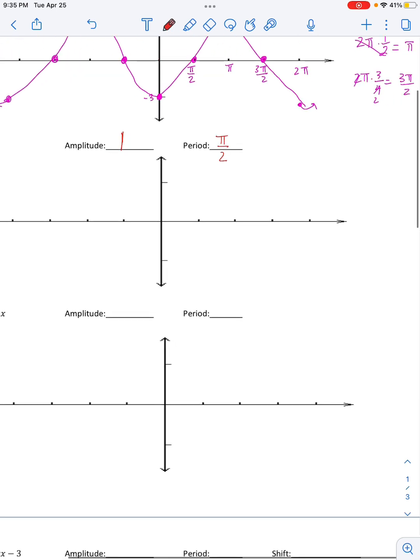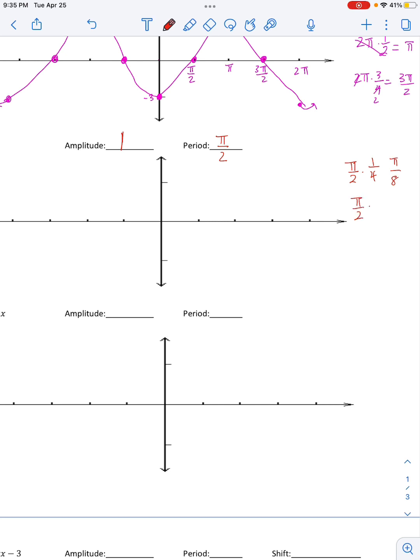So let's see, now that we have a period of pi over 2, we have to figure out our x-axis. So it's going to be pi over 8.